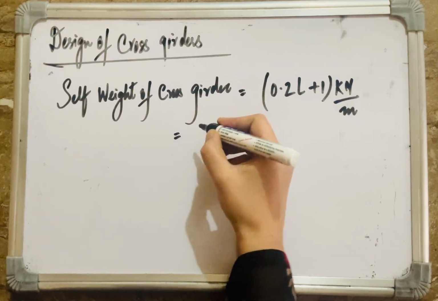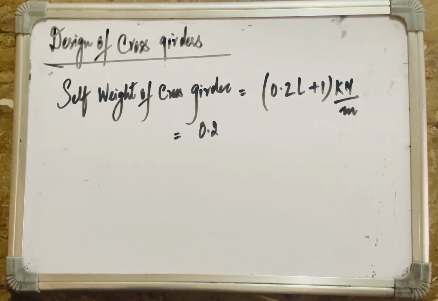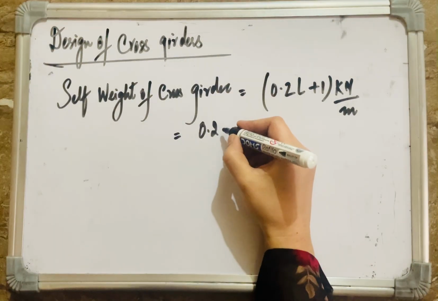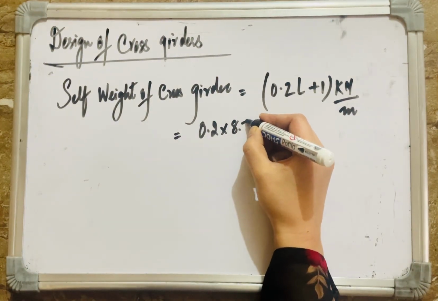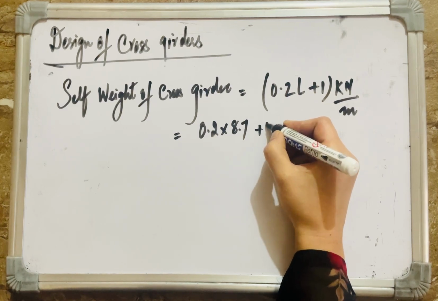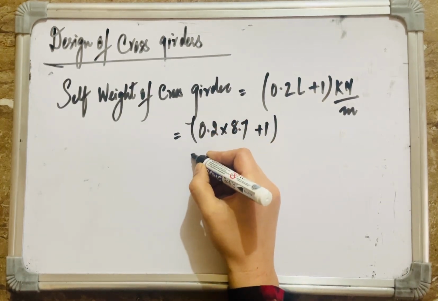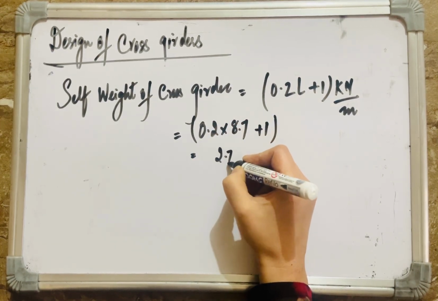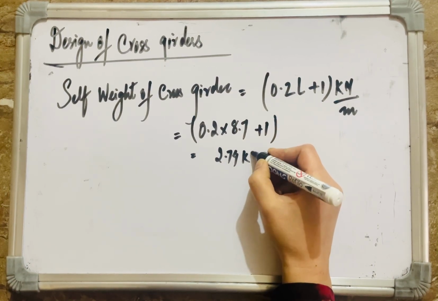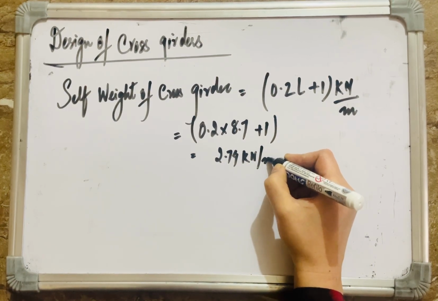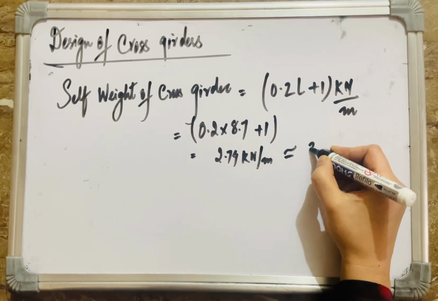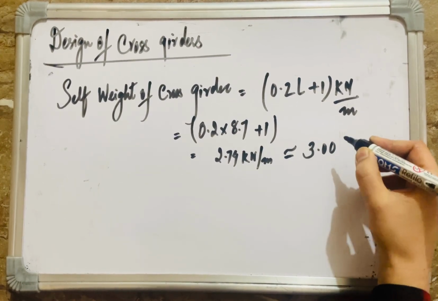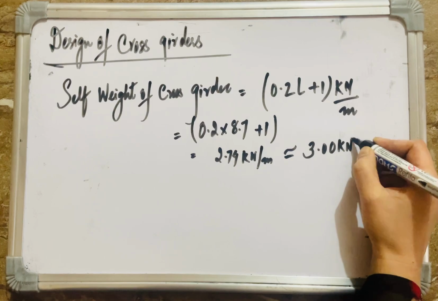All right, so it will be equal to 0.2. How much is L? We calculated the span of the cross girders to be equal to 8.7 meters. So this will be 0.2 multiplied by 8.7, plus 1. So by calculations, this is equal to 2.74 kilonewton per meter, which I'll be approximating for my design calculations to be equal to 3 kilonewton per meter.